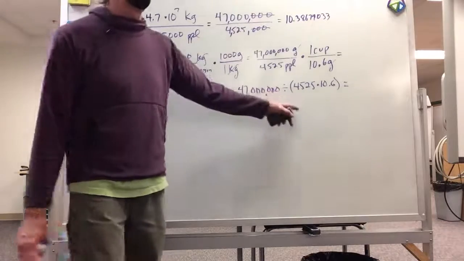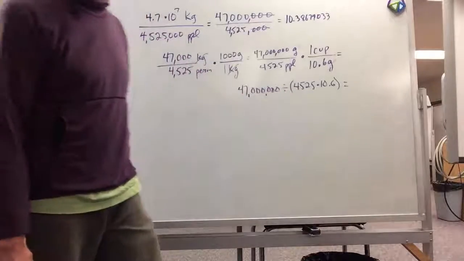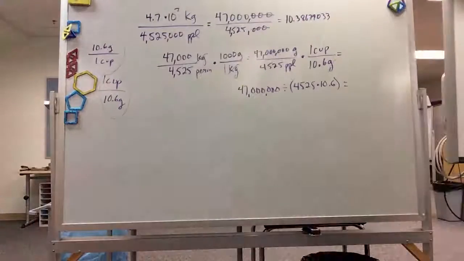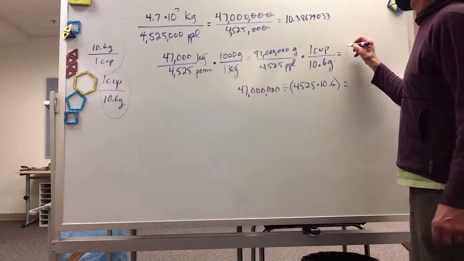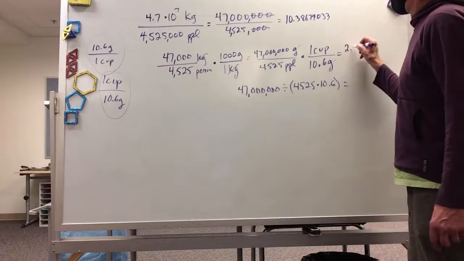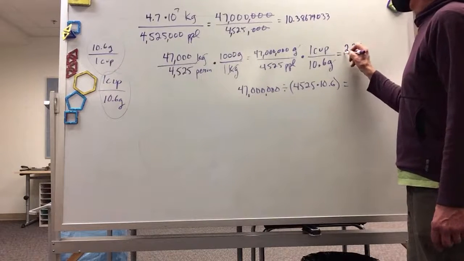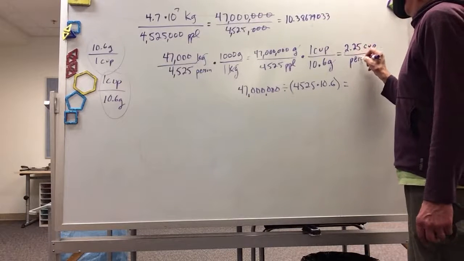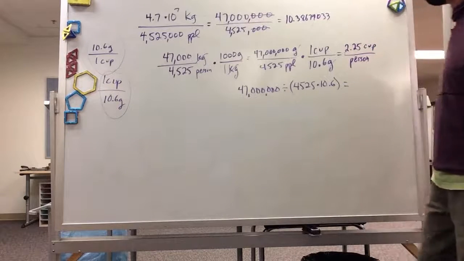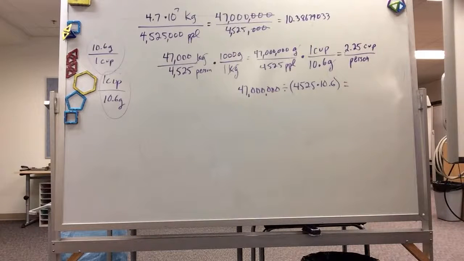You have to put those parentheses in there though, or else it's going to come out goofy, I think. Yeah, it will. I got an answer. What do you have for an answer? 2.254355. Okay, that's good enough. Cups per person? So really? I got 979.881166.